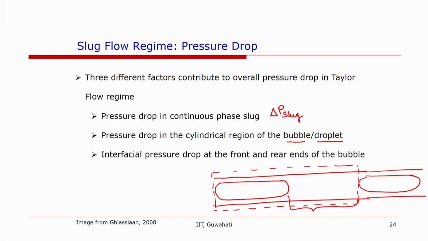So one can make a generic or general correlation which can be valid for both the cases. So one can say that that is the pressure drop in the film region, which will be negligible for gas liquid flow.